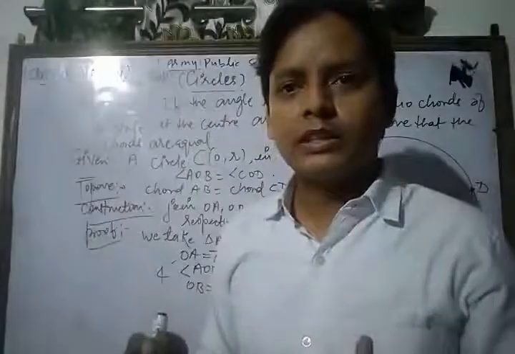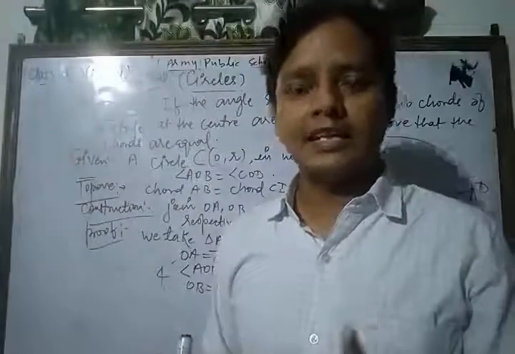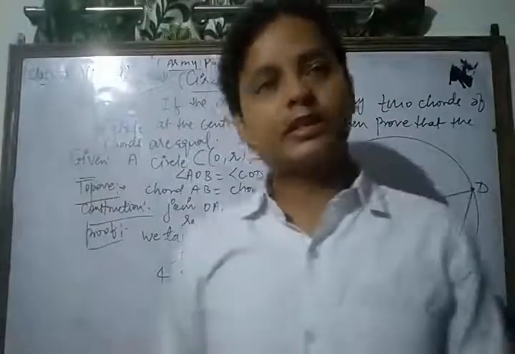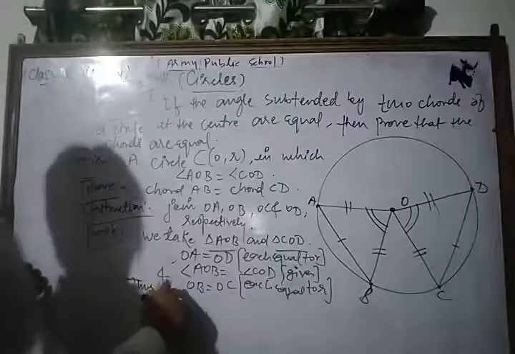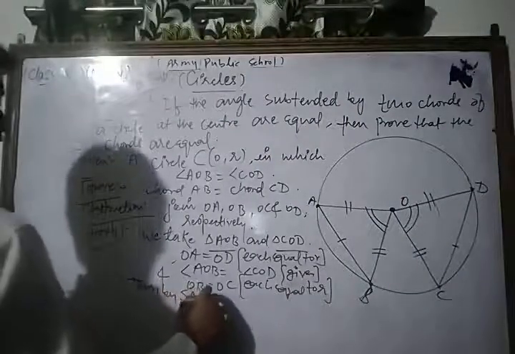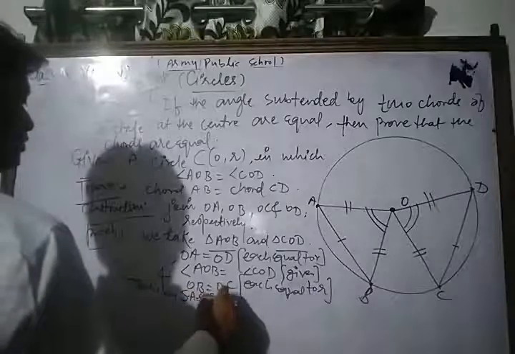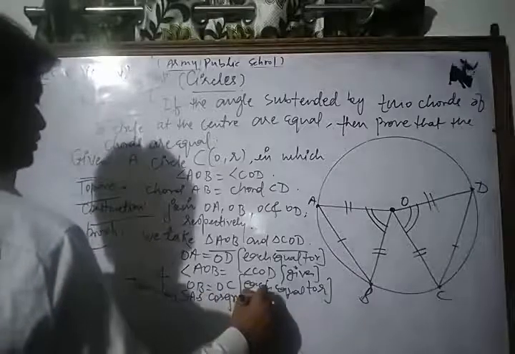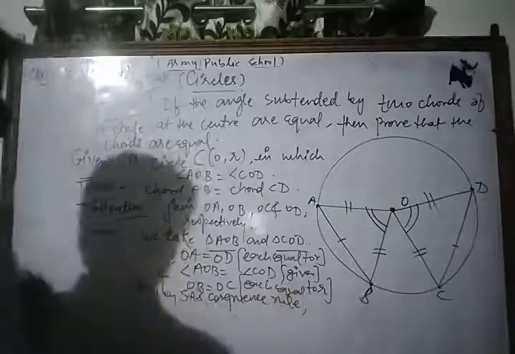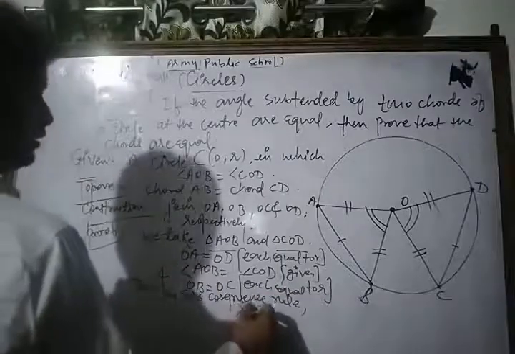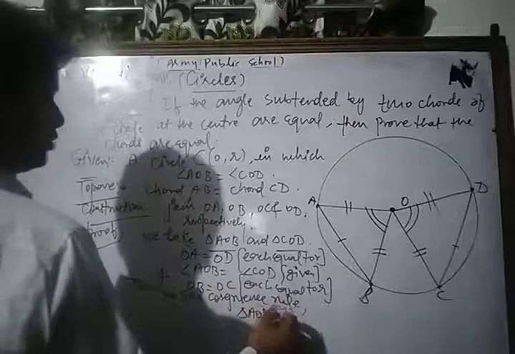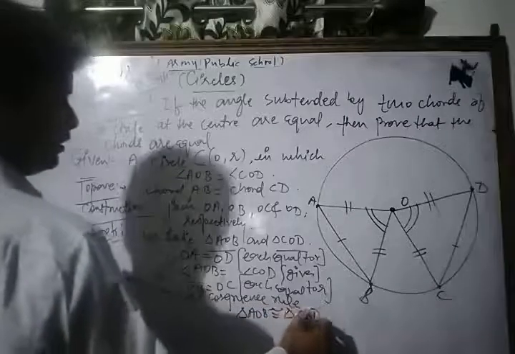By SAS, meaning the side-angle-side congruence criterion. Thus, by the SAS congruence rule, triangle AOB is congruent to triangle COD.